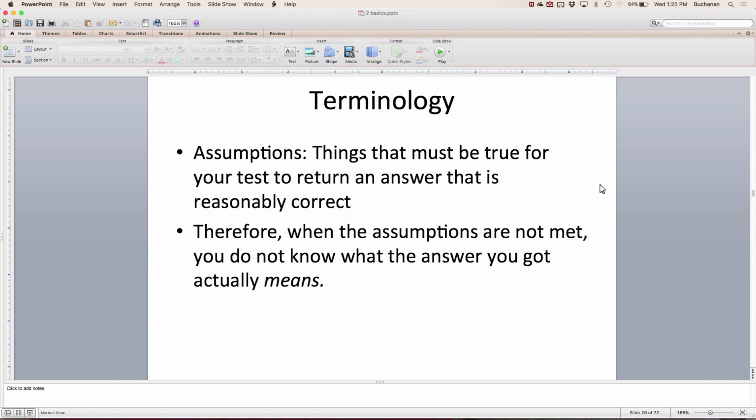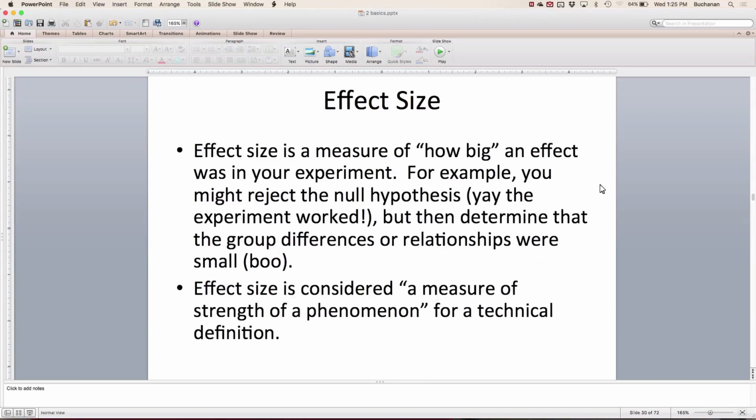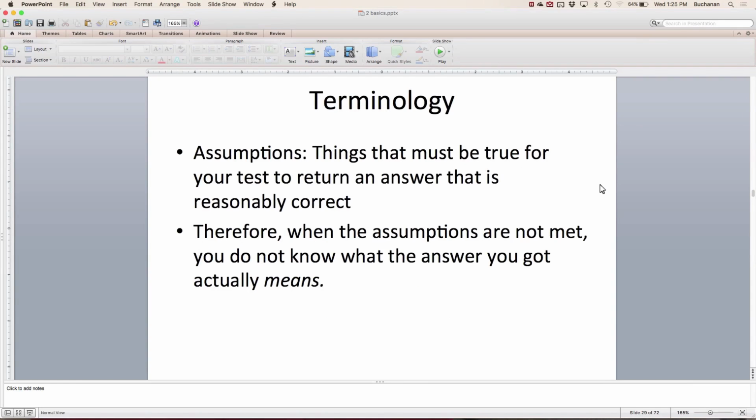All right. One more slide, and then we'll see if we can solve some of your problems with importing data sets. Okay. So last but not least, assumptions in your data. So type 1, type 2, power, and beta all go together. Assumptions are things that have to be true for your statistical test to return an answer that is not garbage. Okay. So if I want to believe that your stats are correct, these assumptions have to be met.